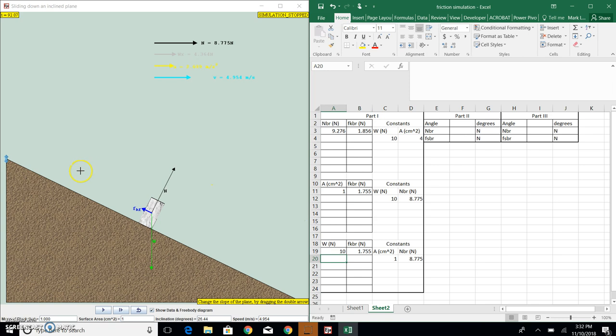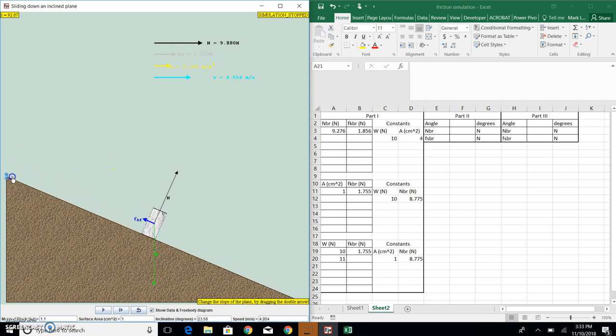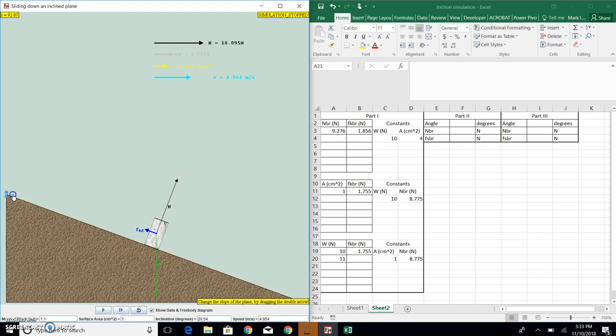To get the next one, I'm going to have to change the angle after I change the weight. So let's say it's 11 newtons. So that would be 1.1 kilograms. And you can see that automatically changed the normal force. I need my normal force to stay at 8.775. So I'm going to lower this down.